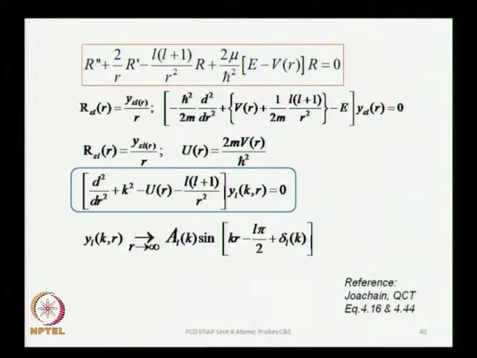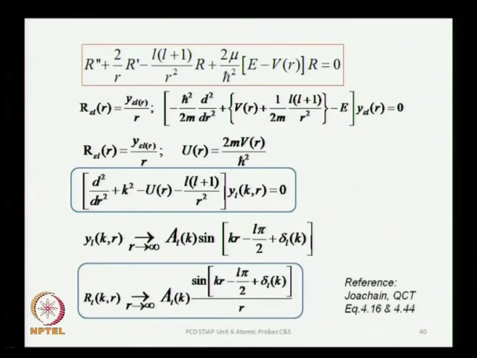You have got the solution which is the same as the sinusoidal function, and the only difference is that the argument kr minus L pi by 2 is phase shifted by this scattering phase shift. This is the only difference, and the solution for the radial function itself is this function divided by r, here it is. So you have got the 1 over r. This is a normalization which depends on L and k parametrically. Okay, it is independent of r, but it will depend parametrically on the energy, and it will be different for every orbital angular momentum quantum number.